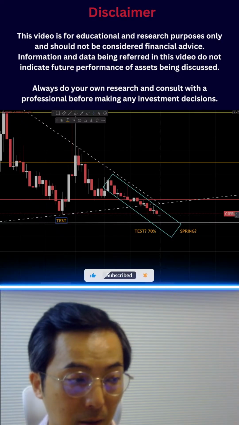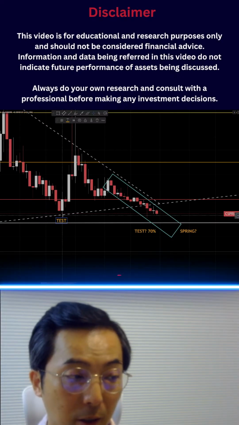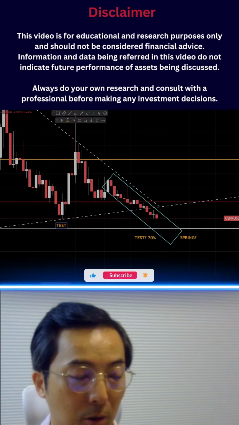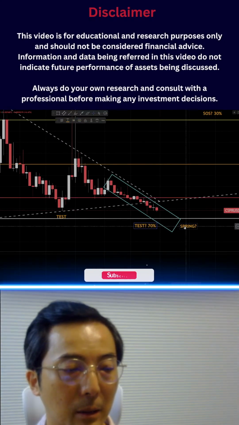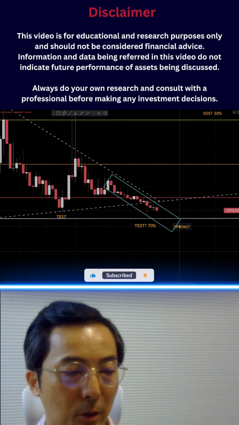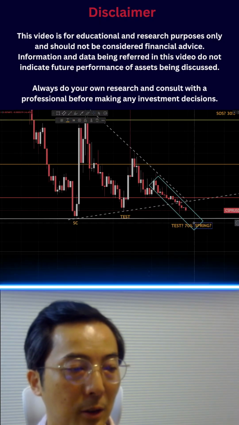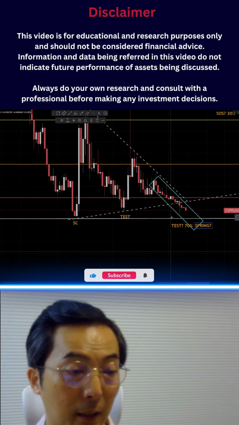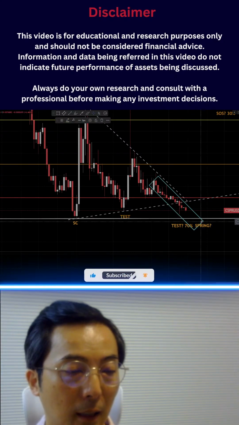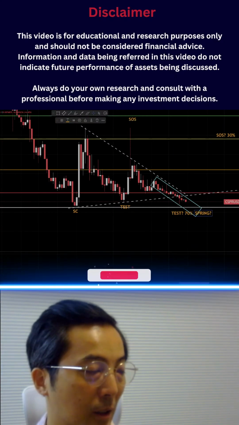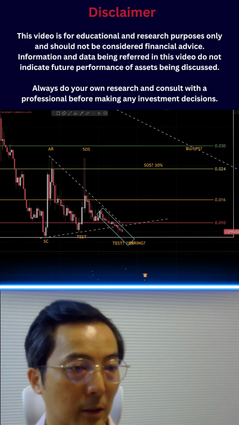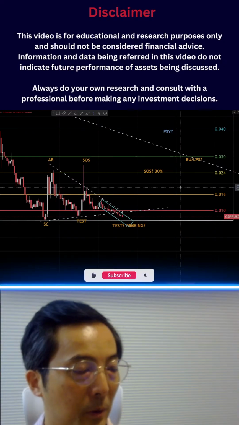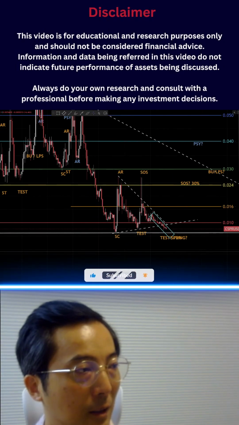Note that we haven't tested lower, but it's close enough to the point back in April. So the test, or the journey towards this deeper test, or we can call that a spring even, is still continuing. Because when it really hits below this white line, then we can call that a spring in terms of Wyckoff terminology.